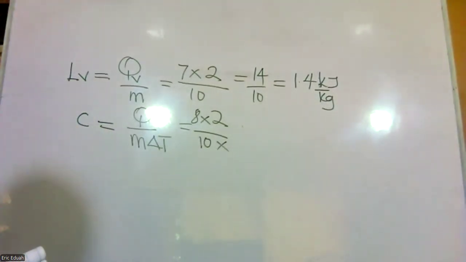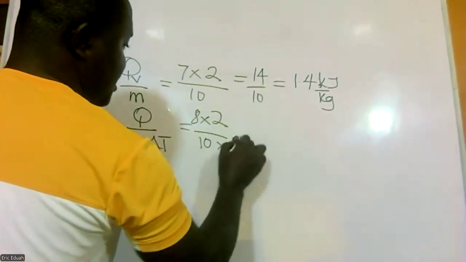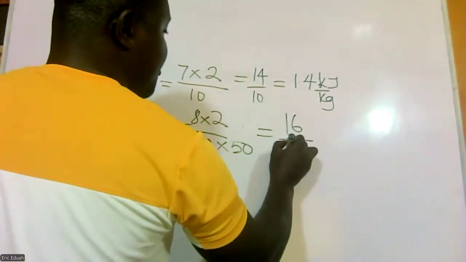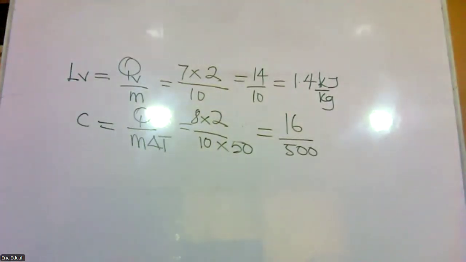The change in temperature is 120 minus 70, so 50. So we have 16 over 500. And what is 16 divided by 500? 0.032.